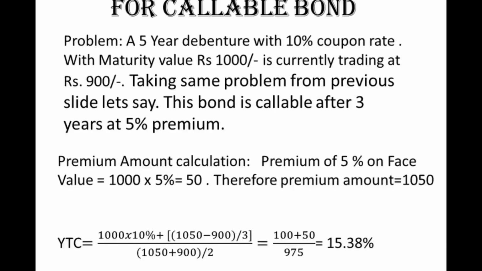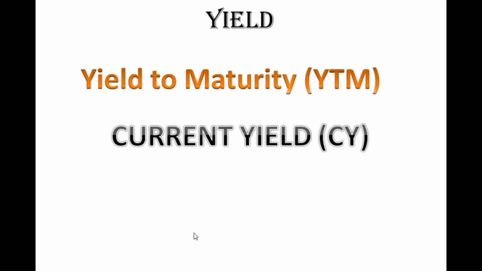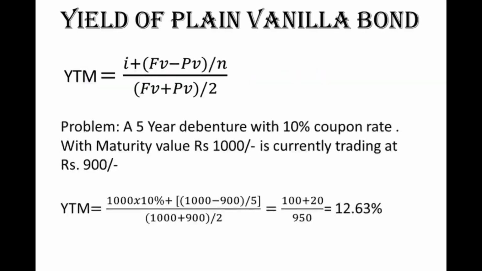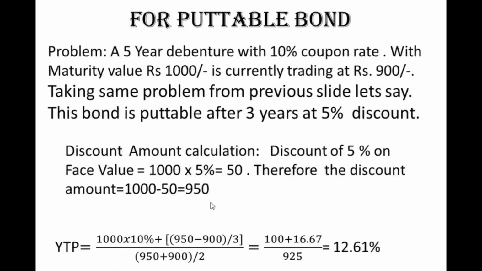In the previous case, it had happened at a premium, and in the normal problem, the actual maturity value was 1000, but over here it has been reduced. Why? Because the investor is calling off the association. So 950 minus 900, divided by 3, the number of years, the whole divided by the average returns.